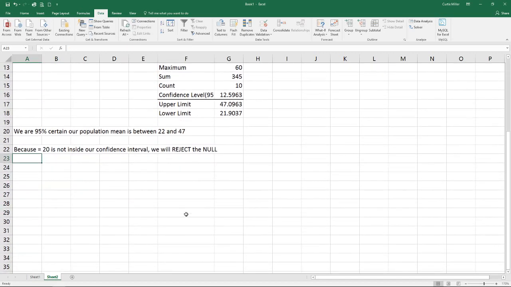I will just scroll up a little here. Because of saying that, we can now state in English that there is statistical evidence to suggest the mean does not equal 20.